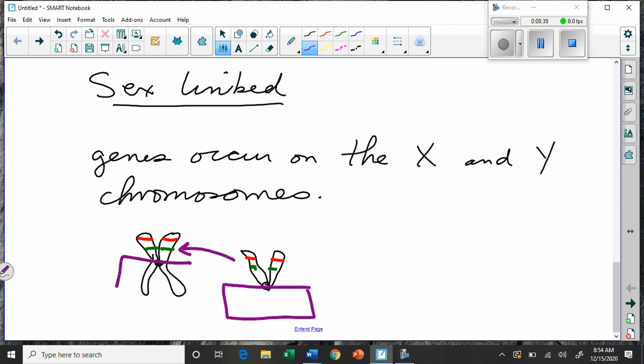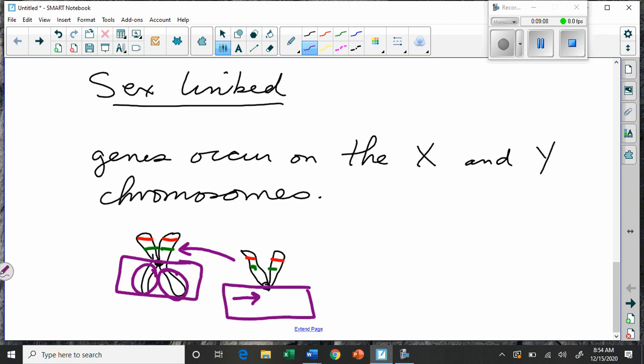All of the genes that occur here would only occur once if you were a boy. Being a boy has a cost. And the cost is that all the genes on the lower part of this chromosome do not have a homologous partner. So that means there's only one allele determining whether or not you have a condition. So you don't get the advantage.